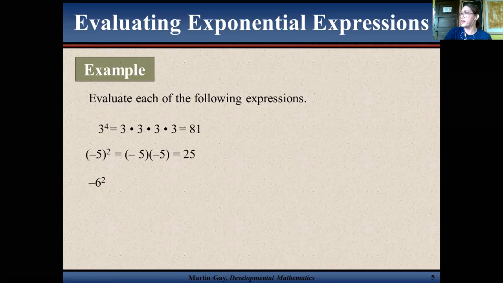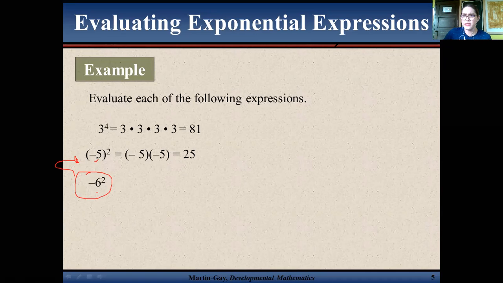For this one, -6 squared, as you can see, it's really different from the second. Why? Because in the second, the negative is inside the parenthesis, while in -6 squared, the negative is not inside the parenthesis; in short, there is no parenthesis.